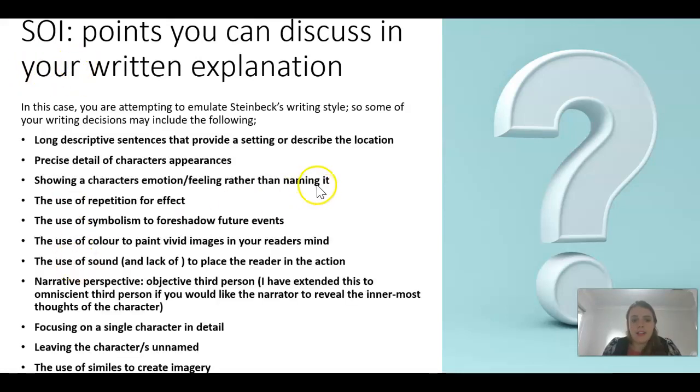Okay, so here are some of the things that Steinbeck does that I should be seeing in your piece of writing. So you should have some long descriptive sentences that are describing the setting, the location of your piece. You should be very detailed when you are describing your character's appearance because Steinbeck is extremely detailed.